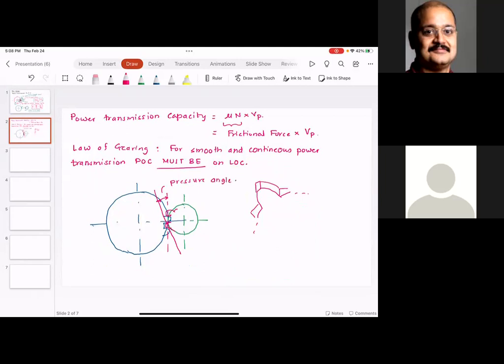So what is the pressure angle? In the case of friction wheels, the force that is transmitted is going to be perpendicular to the line of centers. But in the case of gears, the force is always at an angle. And typically, this pressure angle is designed to be 14.5 degrees to 20 or 21 degrees. So these are the common pressure angles.